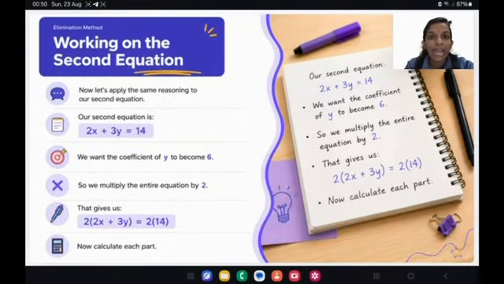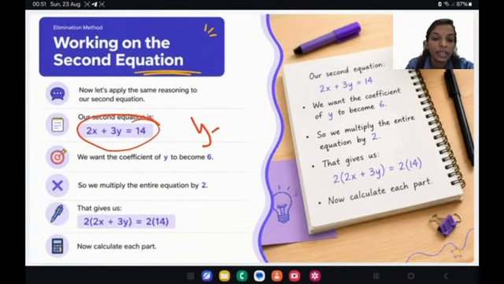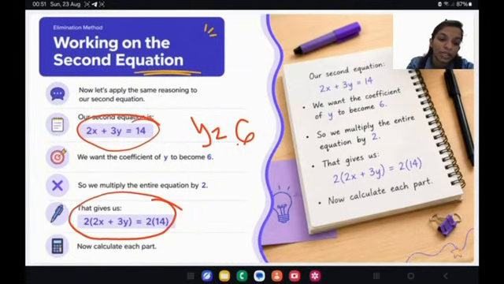Now, let's apply the same reasoning to our second equation. Our second equation is 2x plus 3y equals 14. So we want the coefficient of y to be 6. So we multiply the entire equation by 2. That gives us 2(2x plus 3y) equals 2(14).